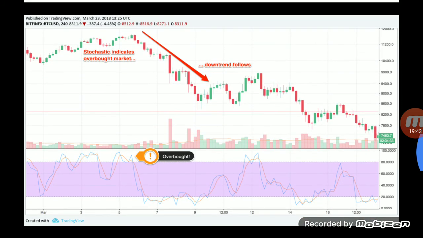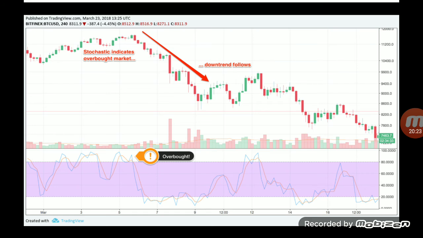So here you can see the stochastic indicates overbought market at this point. If you see at the bottom there are two lines, the stochastic lines, and they are above 80, which indicates the overbought market, means the market can follow a downward trend, and actually it is followed.